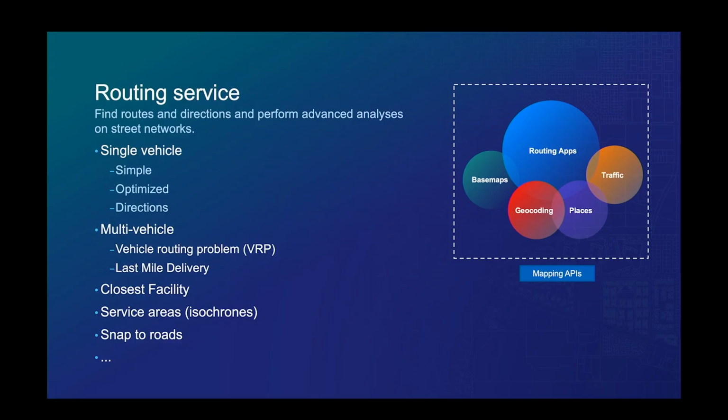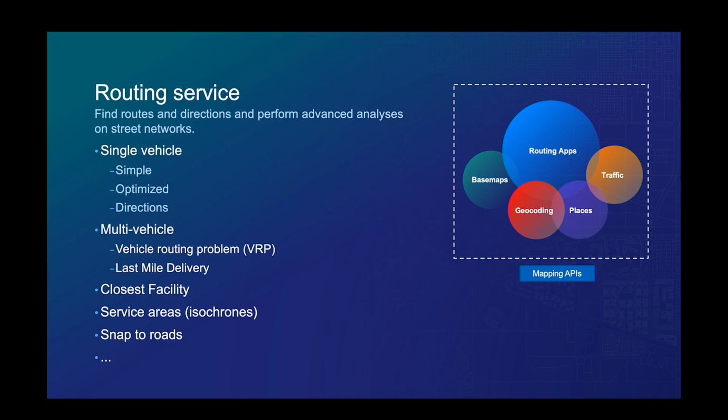So we're going to specifically focus on single vehicle routing and multi-vehicle routing, but the routing service is a large, powerful service, and it does perform other operations such as closest facility or service area, kind of what you saw Al do with the isochrones, the drive times. And then there's a relatively new operation, in the past year or couple of years, the snap to road service.